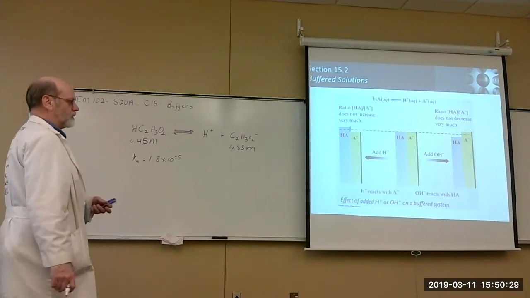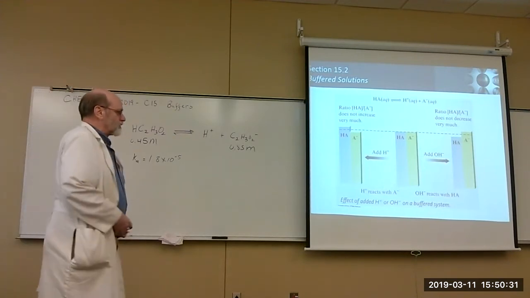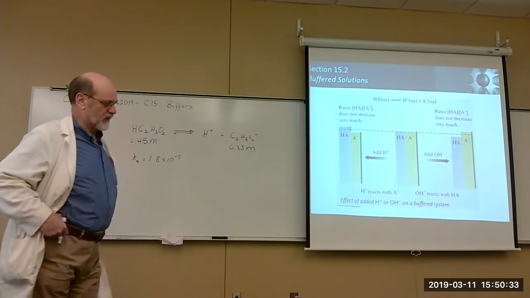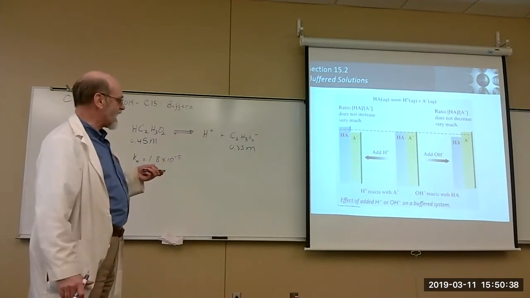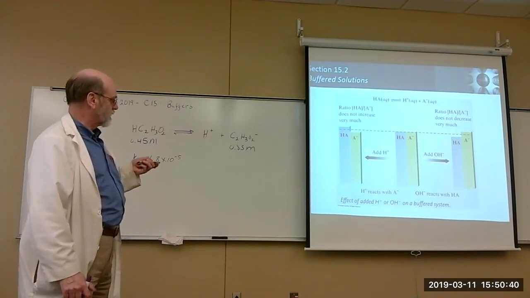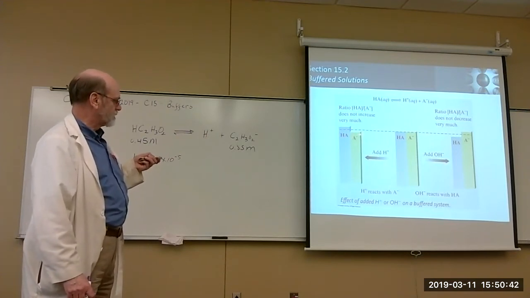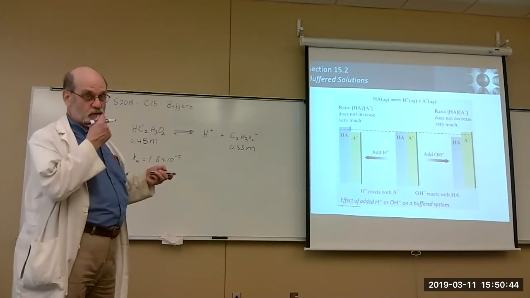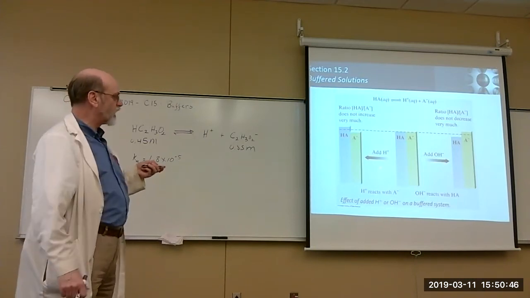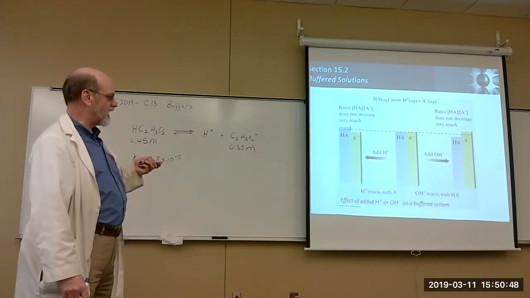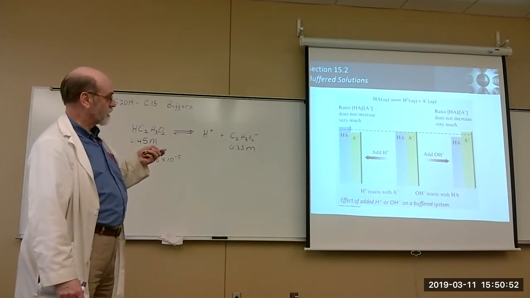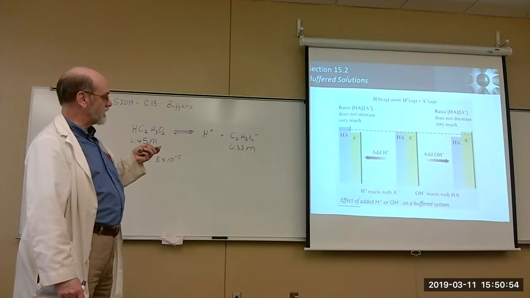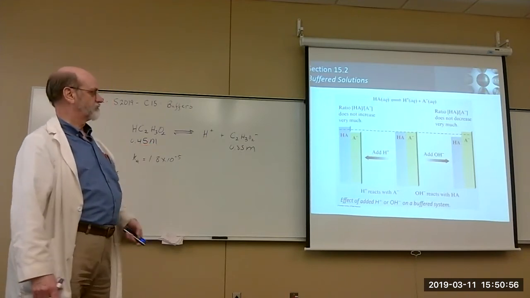Okay, so now let's look at what happens when we add acid. We already have looked at what happens when you add acid. When you add acid to a buffered solution, the A minus, or the conjugate base of the weak acid, quickly combines with this proton based on the stoichiometry and gives you the unionized acid.